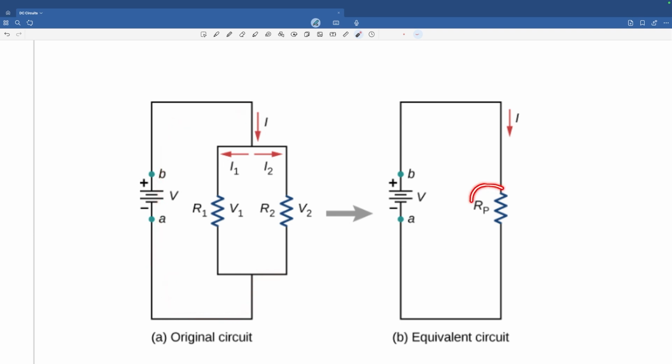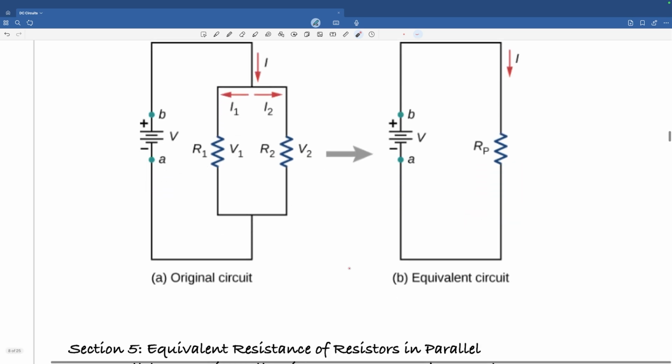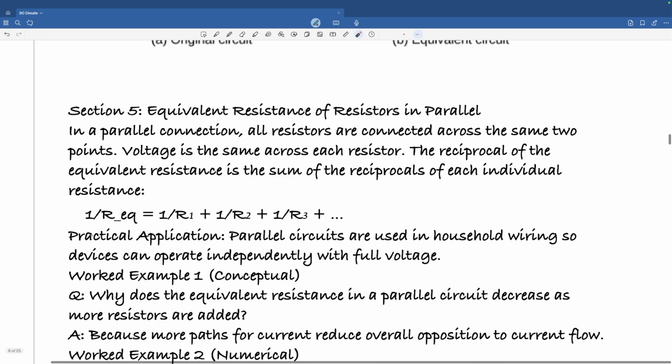So here, this is the equivalent circuit where this resistance effectively replaces the other two. And in this particular case, the formula would be 1 over R is equal to 1 over R1 plus 1 over R2 plus 1 over R3. So if you add the reciprocals of the resistances, you would get the reciprocal of the equivalent resistance.